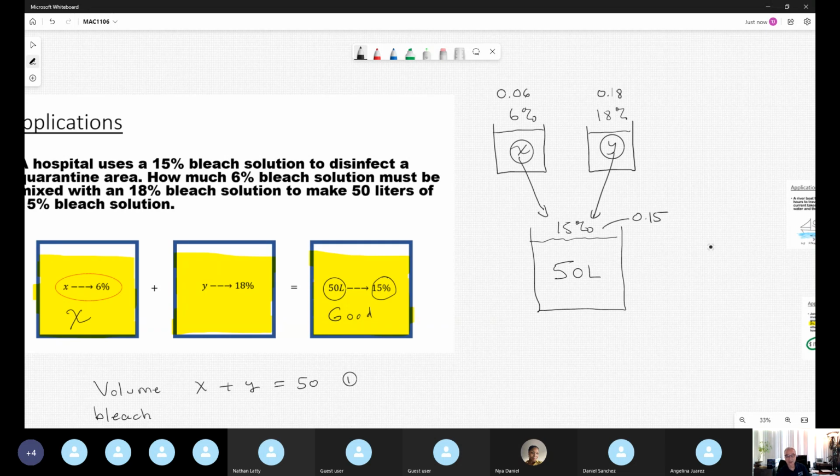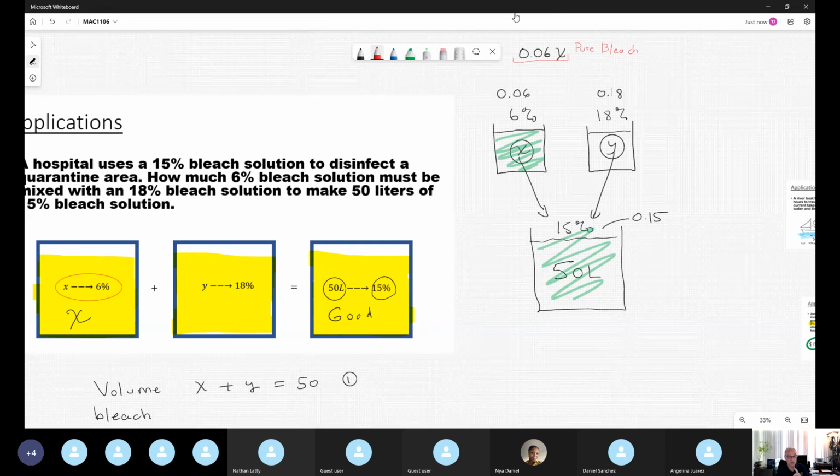If you want to compute the liters of bleach inside this container, you multiply 0.06, the concentration for the bleach, by X, the volume that I don't know, by the way, that you take outside this container in order to mix it with this container. And this expression represents the pure bleach. Make sense or no?